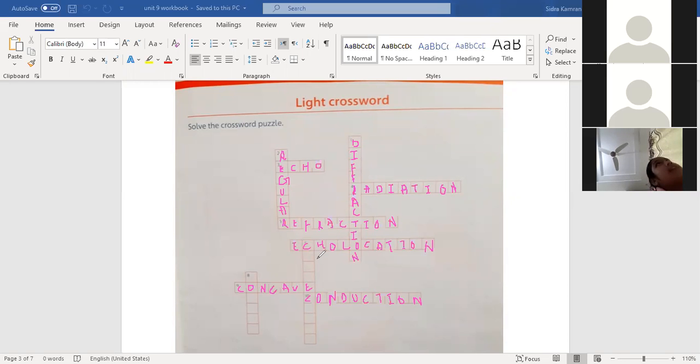Conduction takes place in solids, convection in liquids and gases. So you have to write here, in seventh downward, convection.